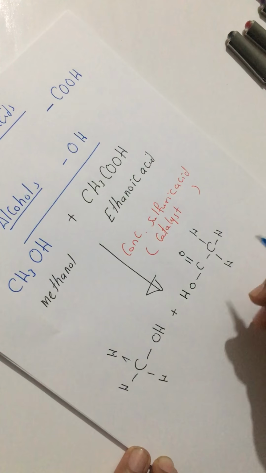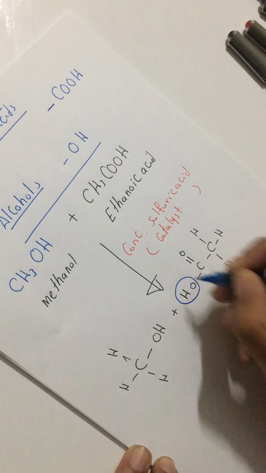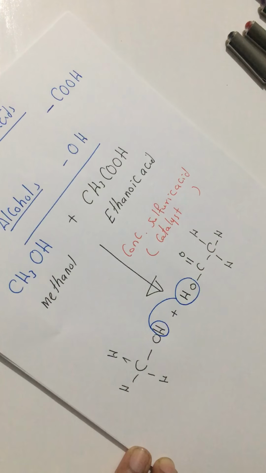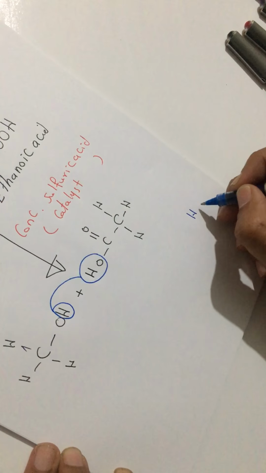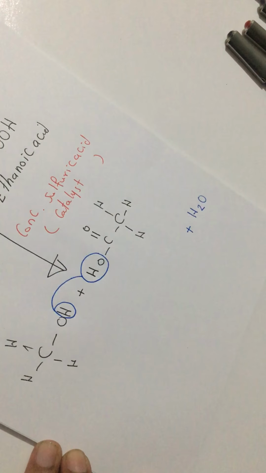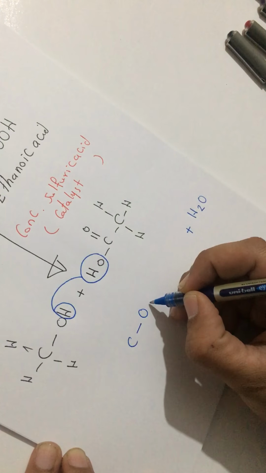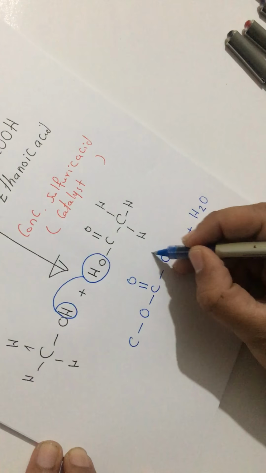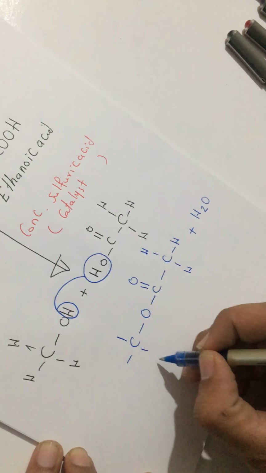So we said that when they are reacted together, the OH group from the acid and the H from the alcohol join together to form water. And the rest of the compound forms what is called an ester. Like this.